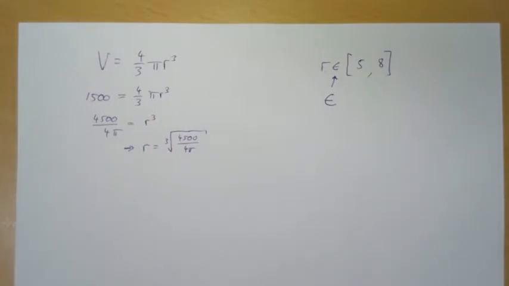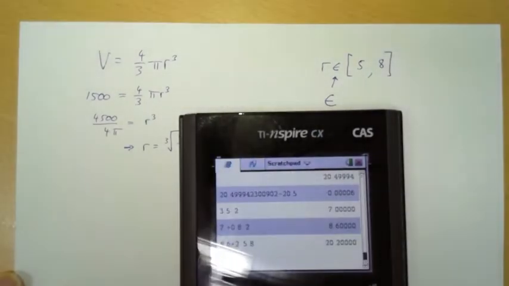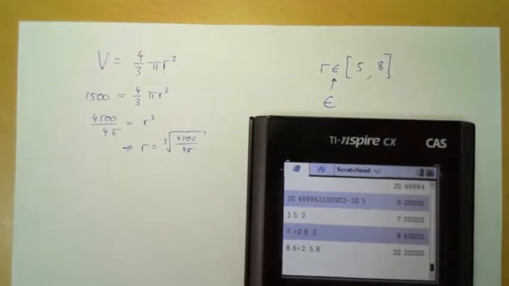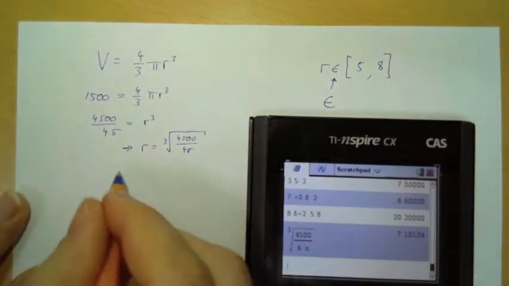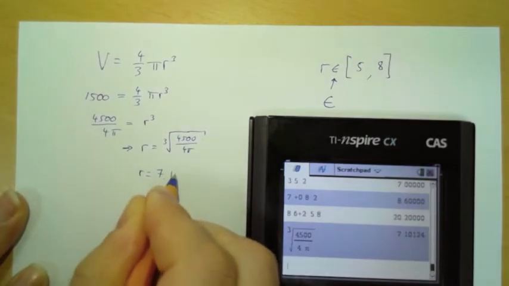So let's grab our calculator and just do that. Okay, so cube root of 4,500 divided by parenthesis 4 pi. I'm putting the parenthesis just in case because it may only do 4,500 divided by 4 and then times pi. And we find that r equals 7.101.